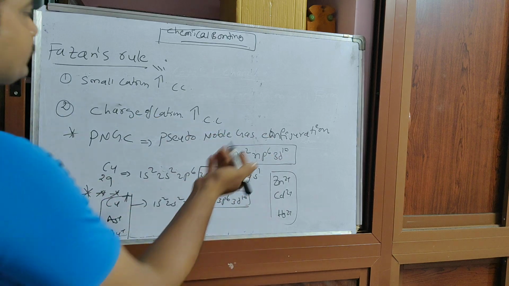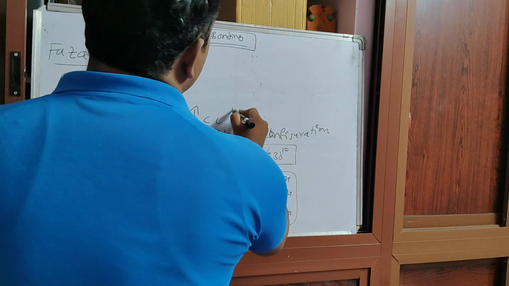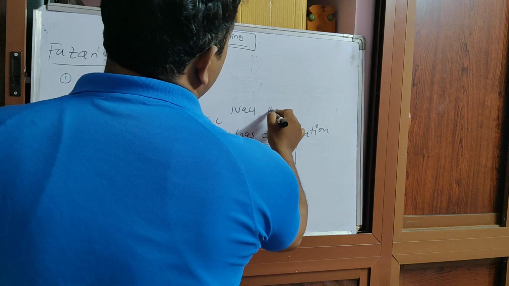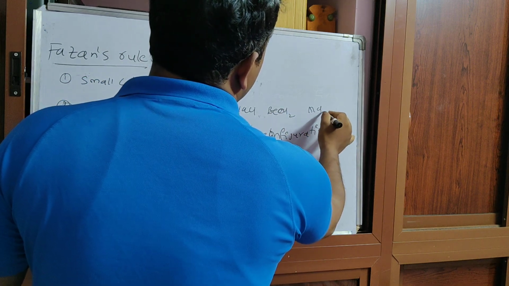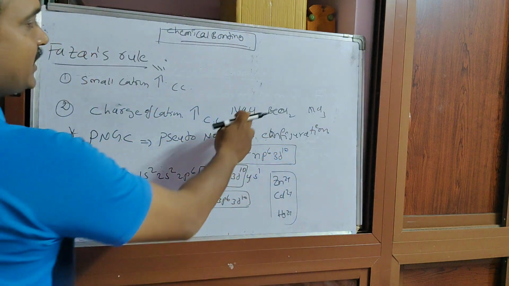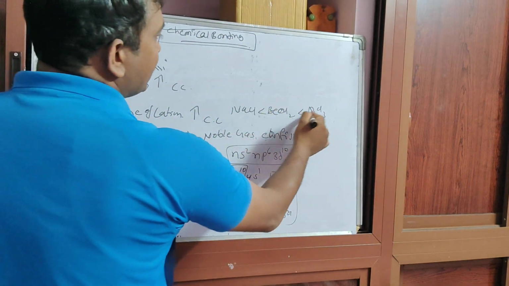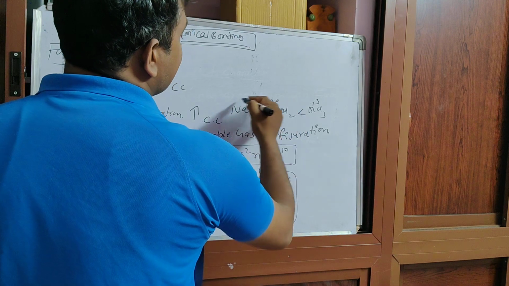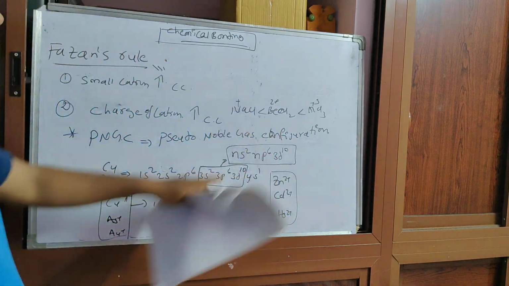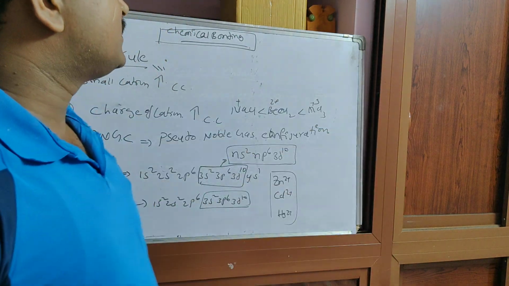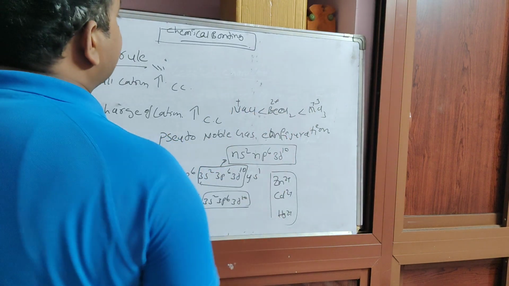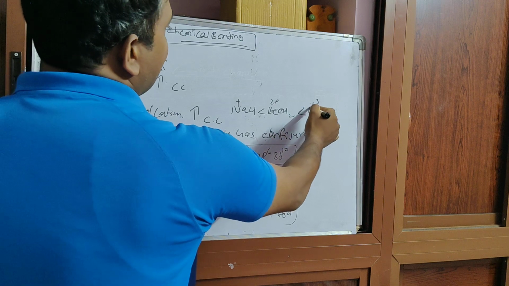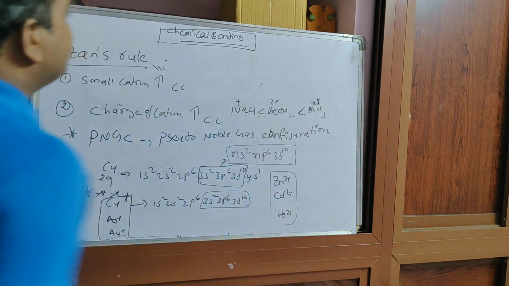For example, if you take NaCl, BeCl2, AlCl3, which will form more covalent character? The anion is the same. Then Al plus 3, beryllium plus 2, Na plus. Al plus 3 will form the more covalent character because its size is smaller and the charge of the cation is more.